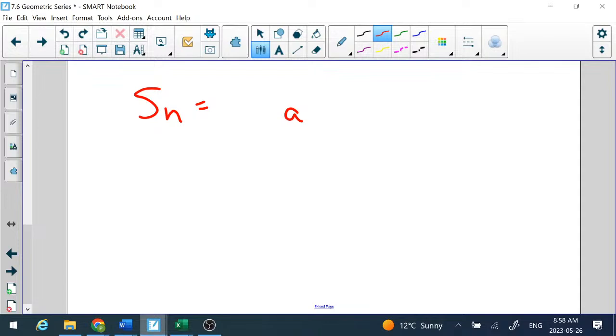No. a is the first term. Thank you. I'm going to add to the first term the second term, which is ar. What do I add after that, David? Good, which is considered the third term. Dot, dot, dot. What's the last term I'm going to add? ar^(n-1). Thank you.